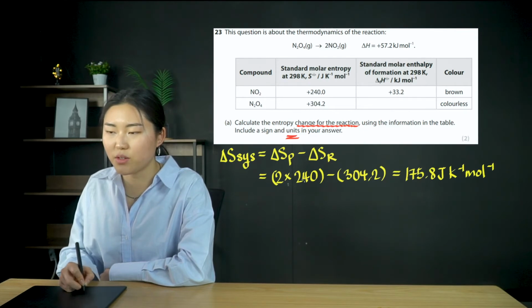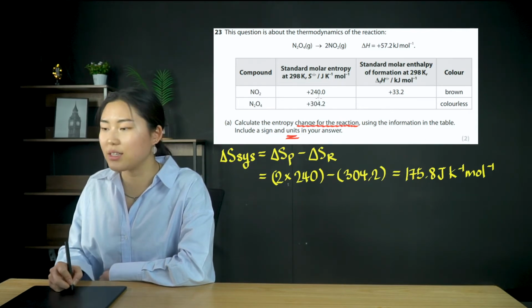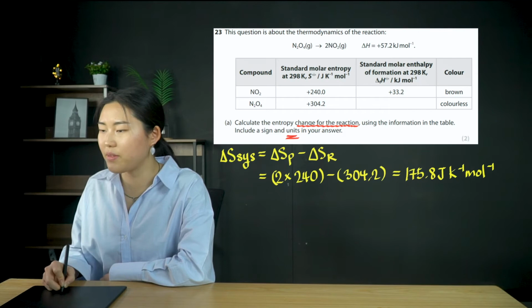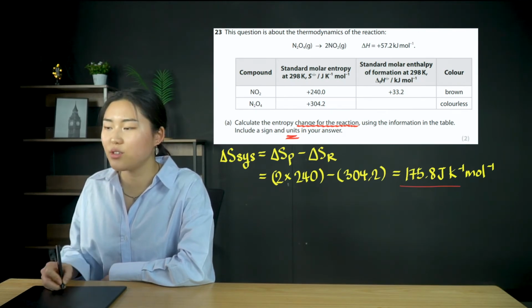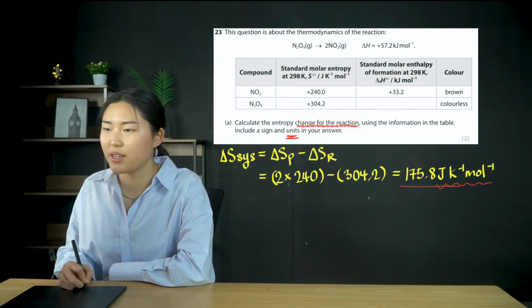So we have 2 times 240 being subtracted by the entropy of reactant, which is 304.2. Overall, we should get 175.8 joules per Kelvin per mole, okay? So joules per Kelvin per mole is the unit for entropy.